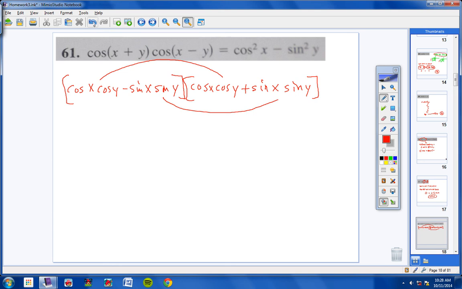So here we go. Cosine x, cosine y times itself would be cosine squared x, cosine squared y minus, and now last term times last term would be sine squared x, sine squared y.